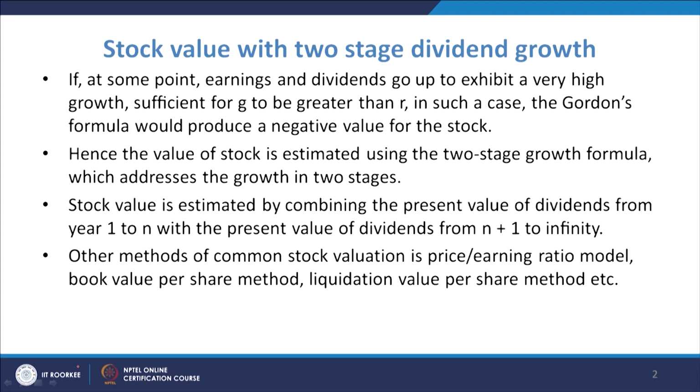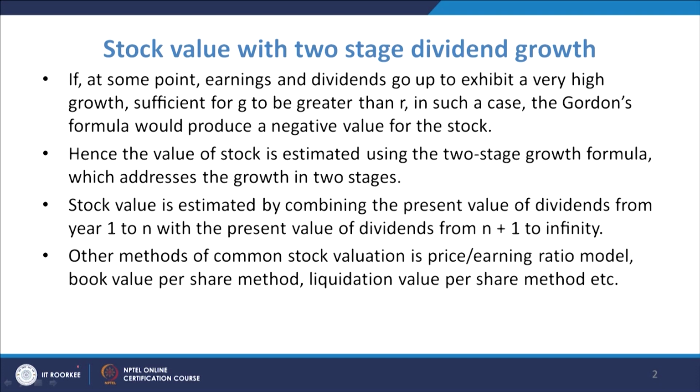So, you have to use the two-stage growth formula, and the stock value is estimated by combining the present value of dividends from year 1 to n with the present value of dividends from n plus 1 to infinity. So, we have to do it in two stages when G becomes more than R. In that case, you will have to use the formula based on that.